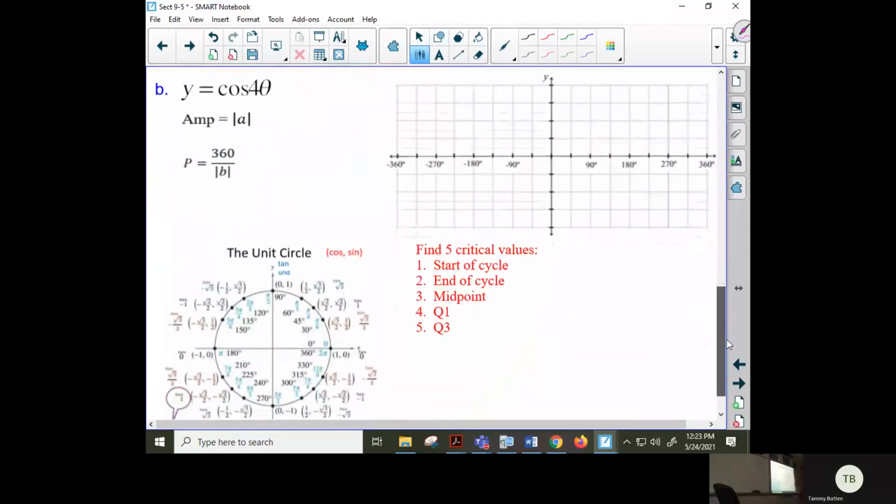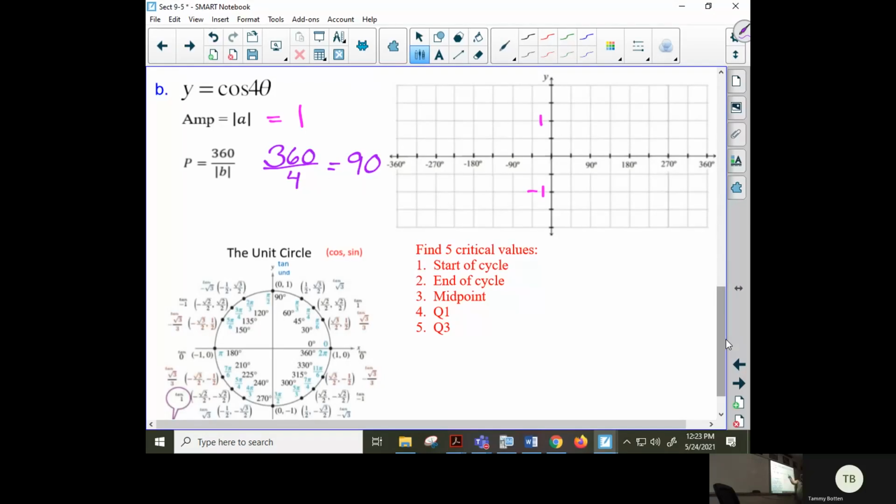Okay, so now if we look down here, is this one's amplitude changed at all? No. And again, I'm going to make this 1 and this -1. So my amplitude in this one is just 1. Okay? Then what we're going to do is look at, does our period shift? And it's 360 divided by what's in front of theta, which is 4, and that's 90 degrees. So what that means, this one's cosine, and our whole cosine graph has to go between 0 and 90.